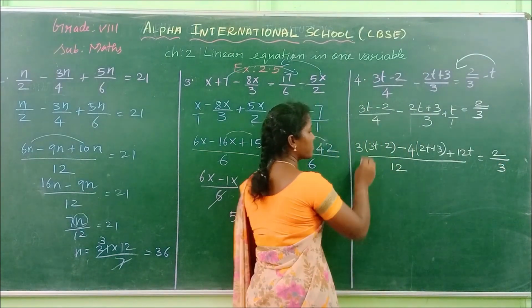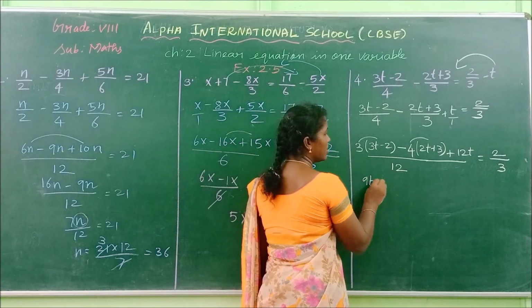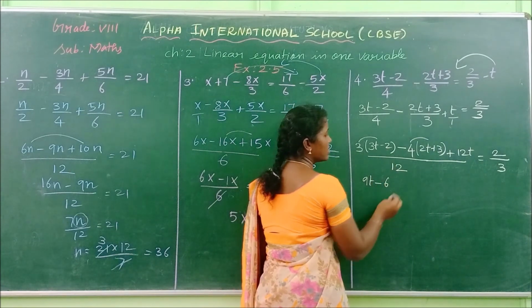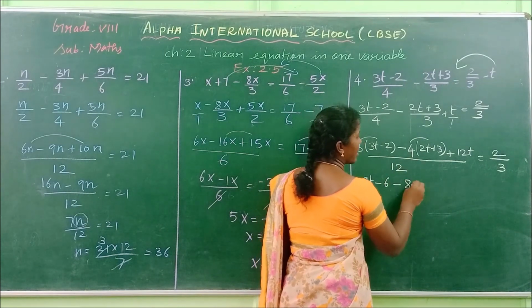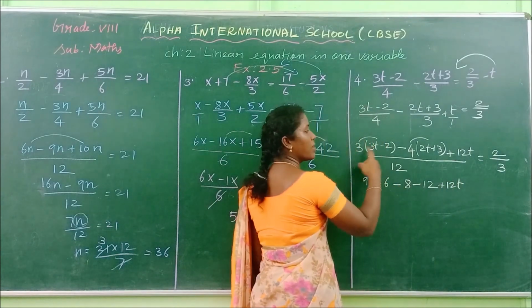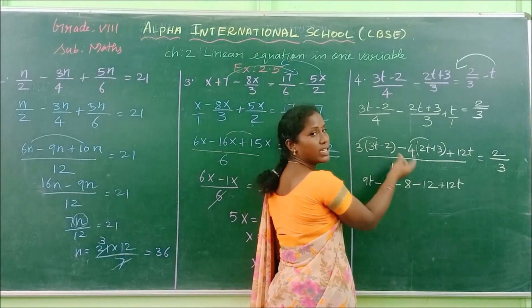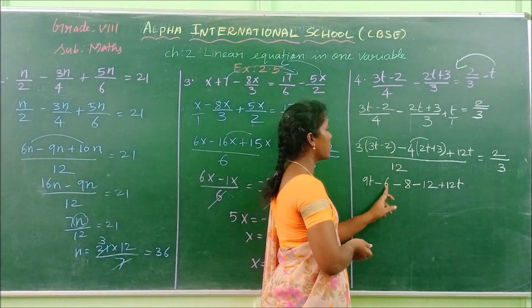Okay. Now listen. Multiply the numbers inside. 3 3s are 9, minus 3 2s are 6. Again minus 4 2s are 8 and minus 4 3s are 12 plus 12t. See, just we are multiplying the number inside the brackets and removing the brackets. So 3 3s are 9t, 3 2s are minus 6.